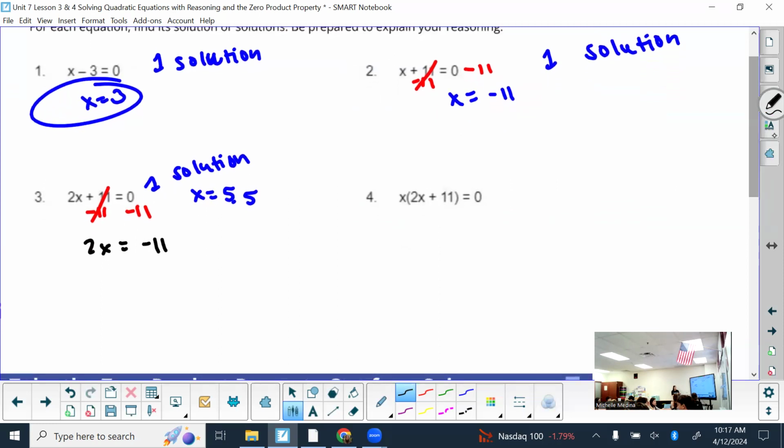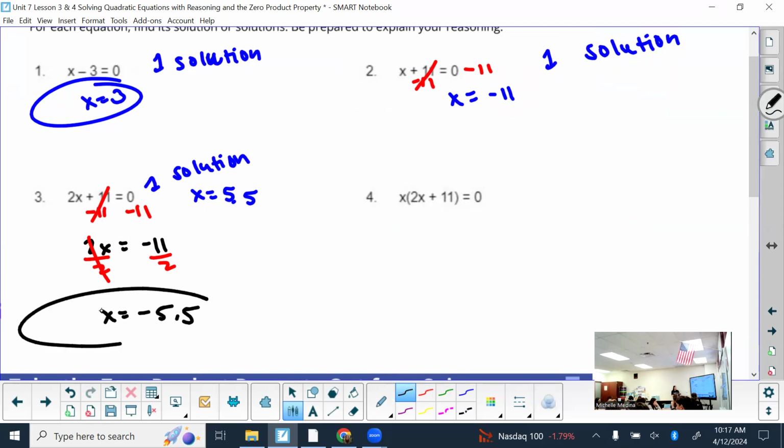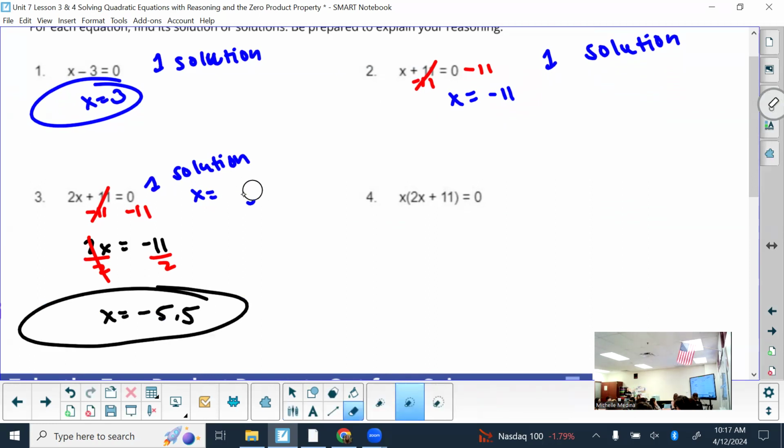Opposite of multiplying 2 is dividing 2, whatever you do to one side. And that is where we're getting 5.5, but it is a negative 5.5. Or negative 11 halves, you can leave it like that too. But just make this a negative 5.5. And it is just one solution. Nothing else will make that true.